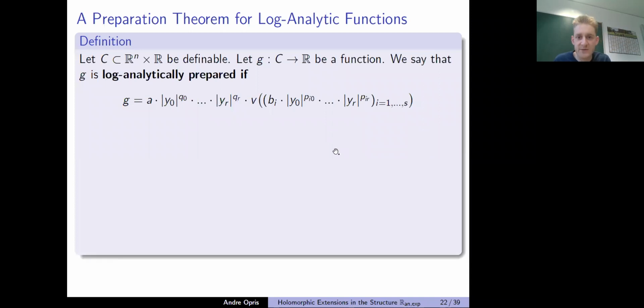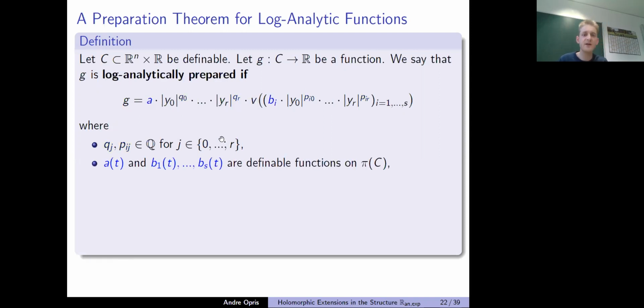So here, similarly as in the globally subanalytic case, the difference is that we have to deal with a logarithmic scale in general, which is of length r, where the following holds. So Qj and Pij are rationals, and these coefficients here are also definable functions on the projection of C. So this depends only on t. t can also be a tuple of n variables. And we have that y0 to yr is a logarithmic scale on C.